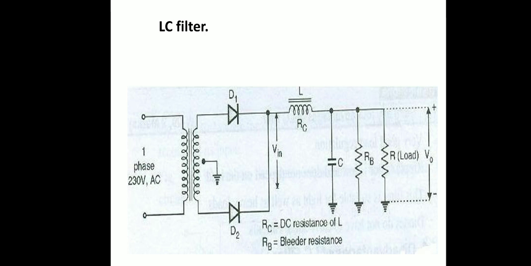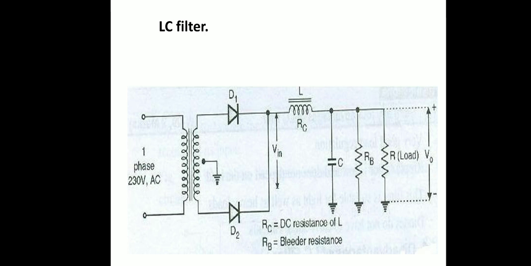So this is the combination of inductor filter and capacitor input filter. Now again see the basic working of this rectifier. As we know, the inductor filter is preferred for a low value of R and the capacitor input filter is preferred for a high value of load resistance.